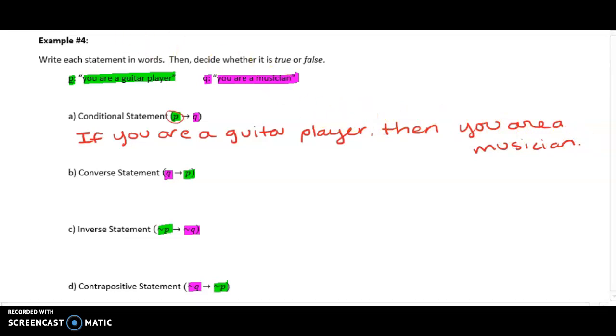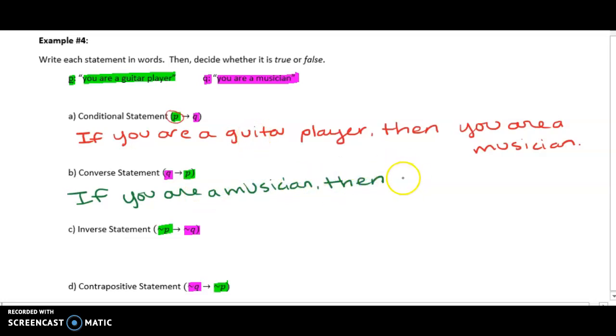If you are a guitar player, then you are a musician. Okay, the converse now is if Q, then P. So if, well, Q is you are a musician, comma, then, well, my P is you are a guitar player.